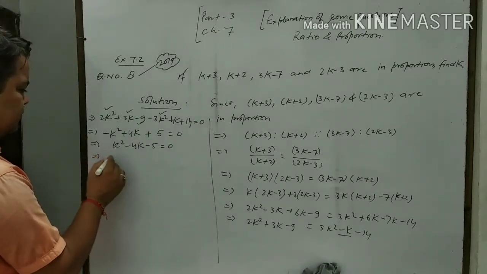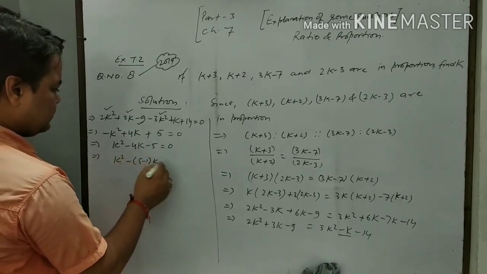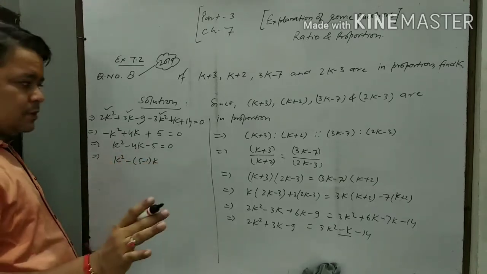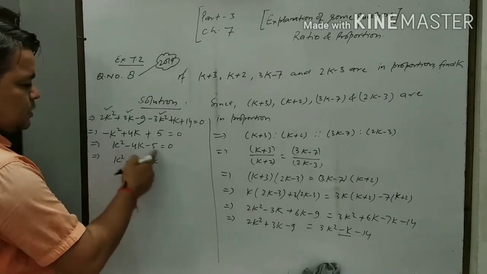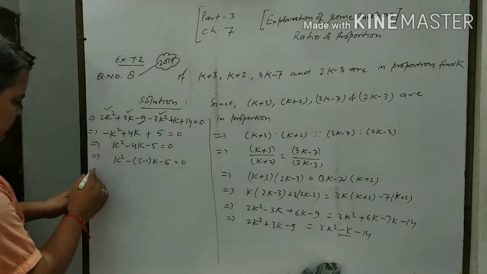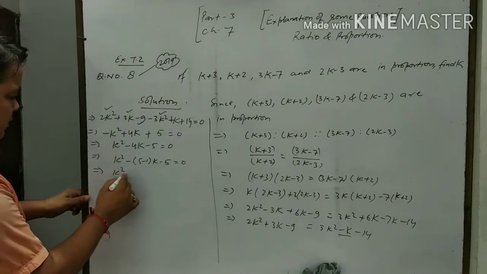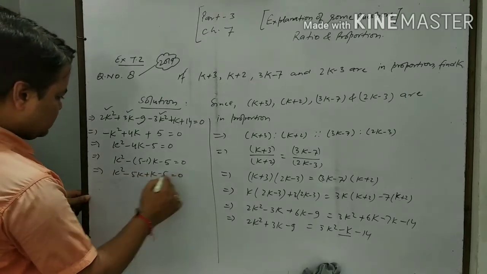Then we can write here k square minus 5k plus k minus 5 is equal to 0, according to the method used for solving a quadratic equation.